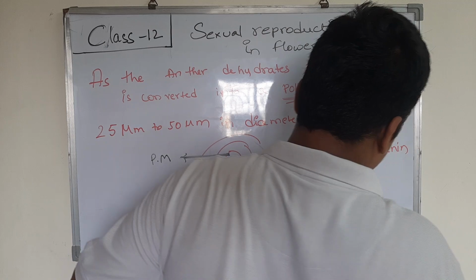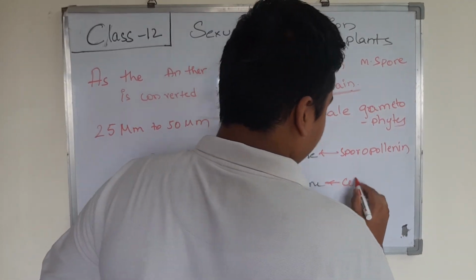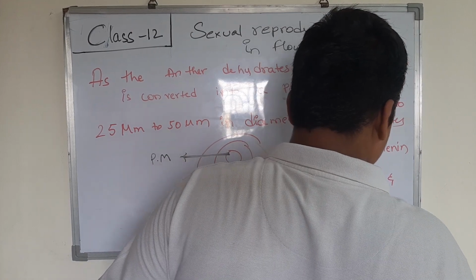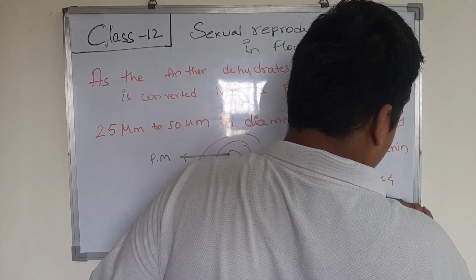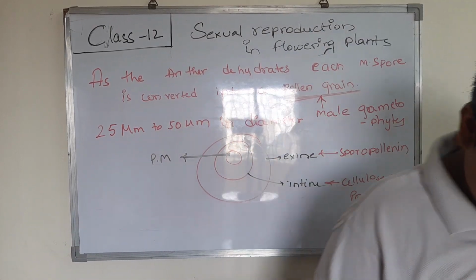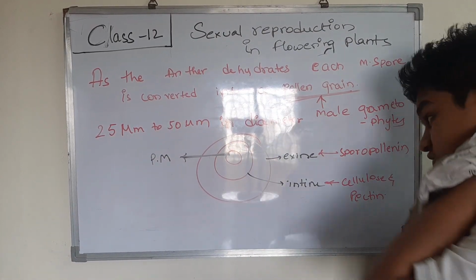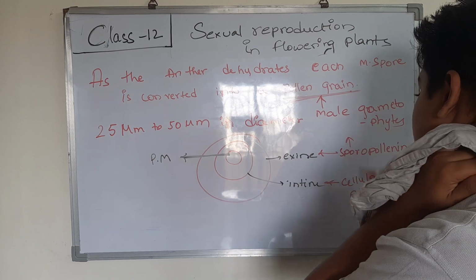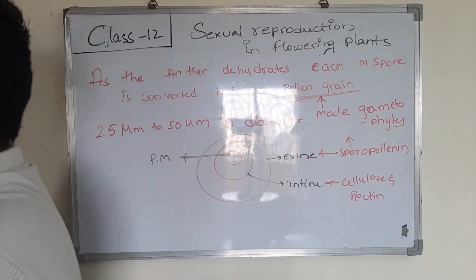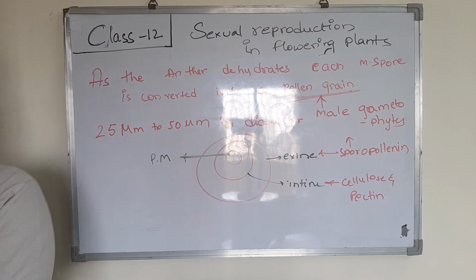The exine is made up of sporopollenin, and intine is made up of cellulose and pectin. This sporopollenin is the most resistant organic material found so far.